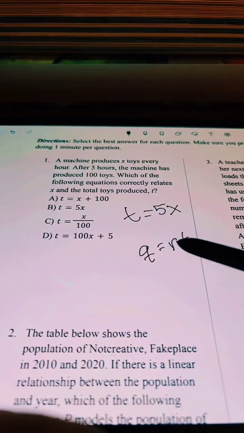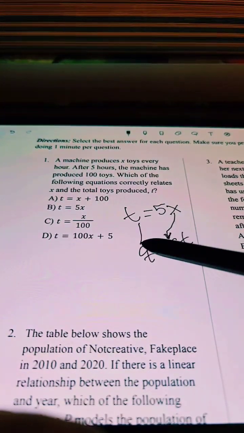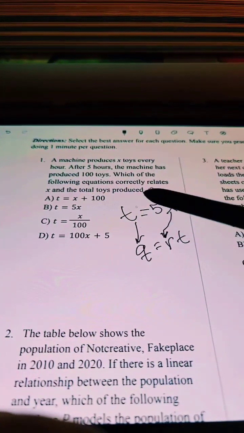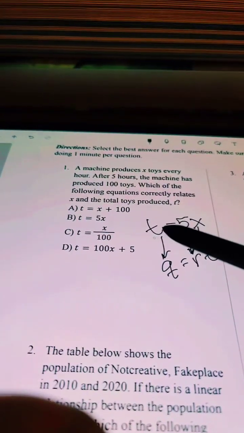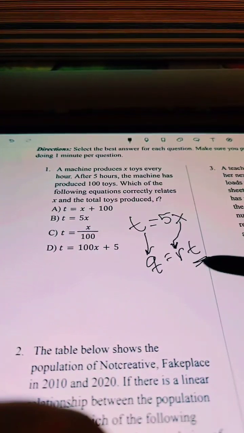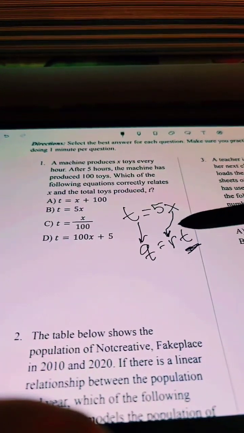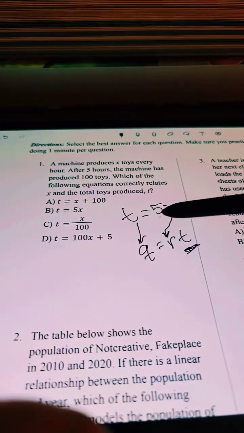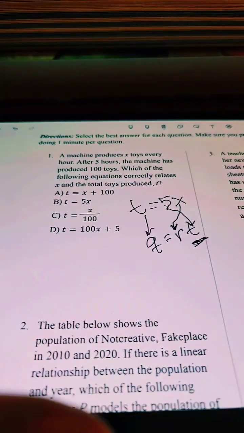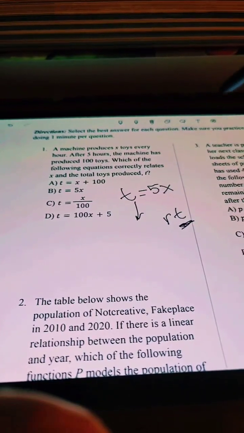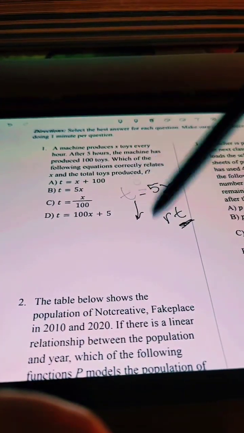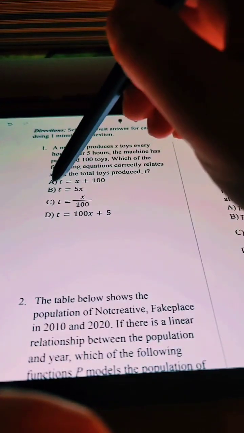So basically your R, your rate, is X, and then your quantity is the number of toys. And I also put T there to try and trick people because T is in the formula. But this T is representing time, so the 5 would be this. Whoops. Let me erase that. Let me mark it so I remember I did this.